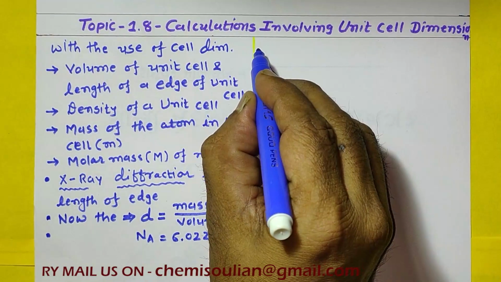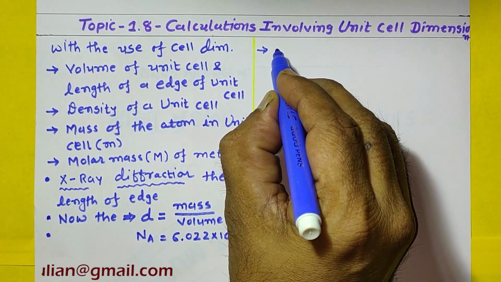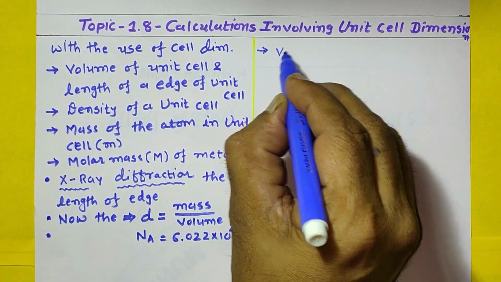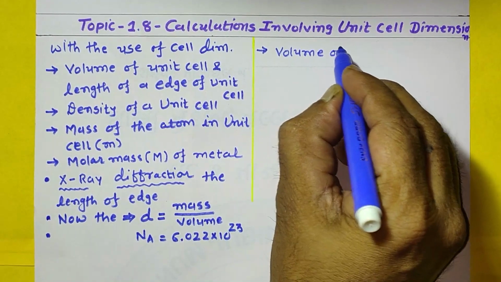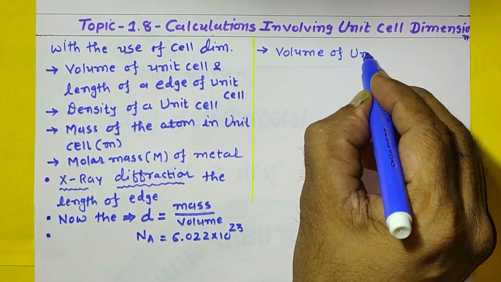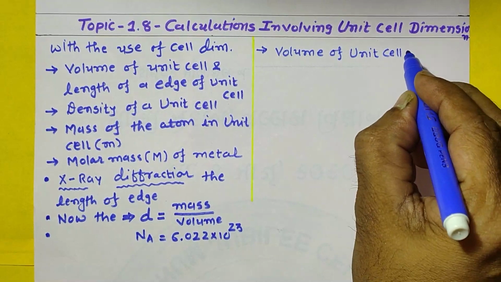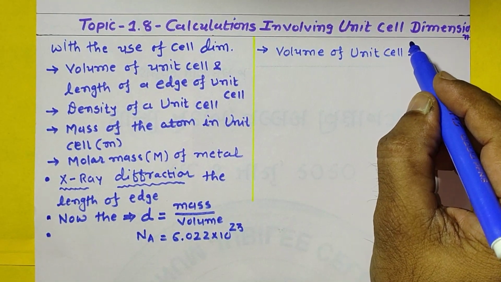Now, we can start the calculation. Number 1, the volume of unit cell. When we say unit cell is a cube, the volume of cube is L cube.